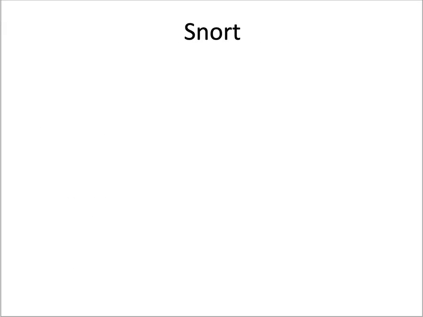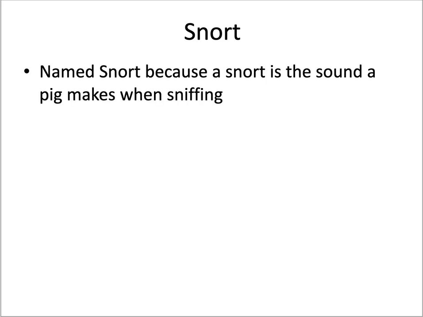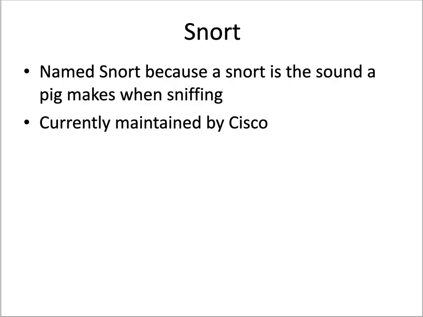So a very common one is Snort, and it got its name because a snort is the sound a pig makes when sniffing. And using things like Wireshark is referred to as sniffing the network. You're looking at packets trying to find something. These days, Snort is maintained by Cisco.